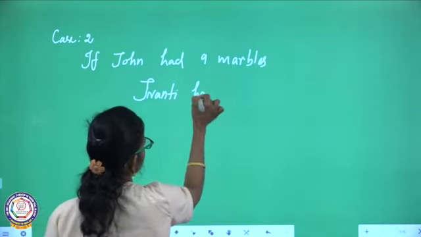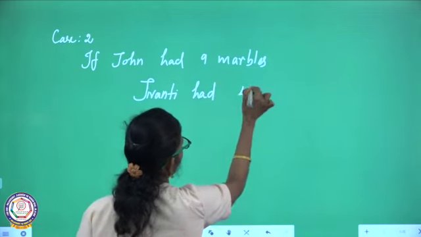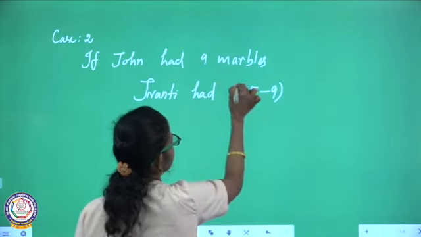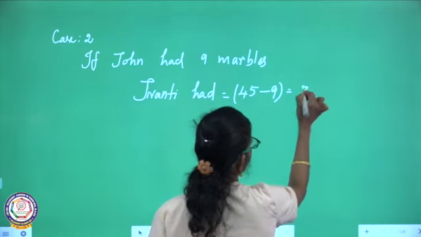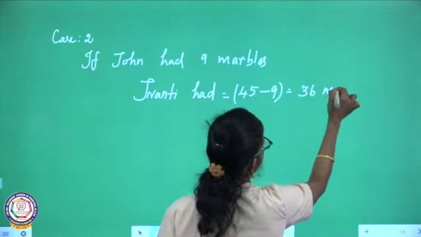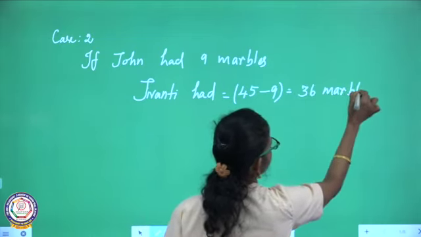The same logic you should apply: 45 minus 9, which is equal to 36 marbles.